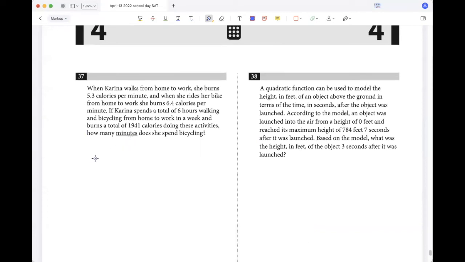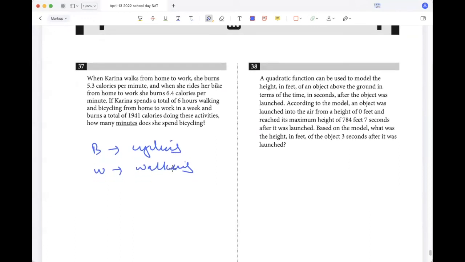Okay, so let's say B minutes for cycling and W minutes for walking, right? So then how many calories does she burn? 5.3W plus 6.4B, and that's total 1941.